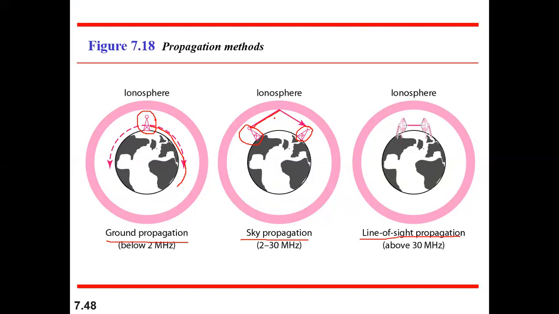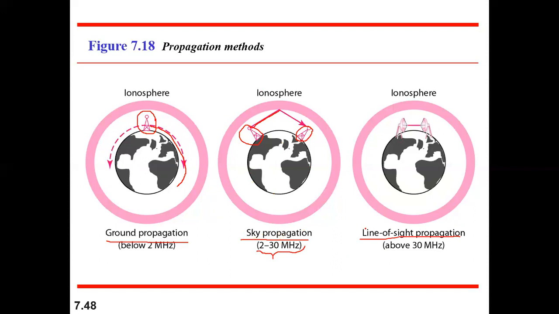The advantage of using sky propagation is that it can traverse a longer distance. Normally, radio waves ranging from 2 to 30 megahertz frequency are propagated using this method of propagation.